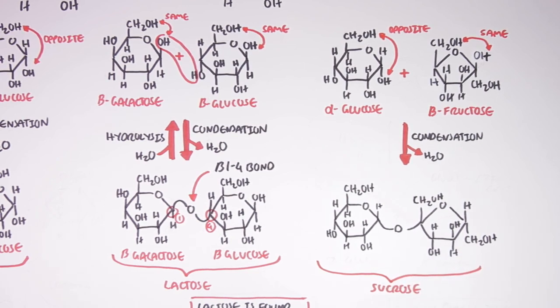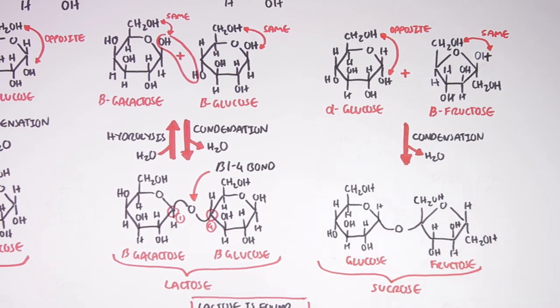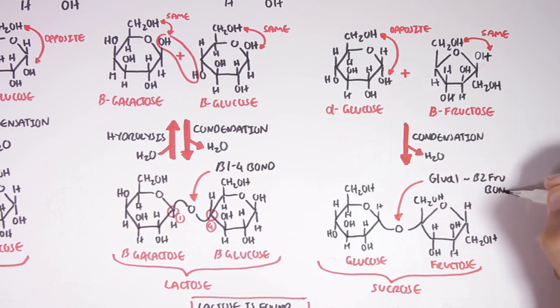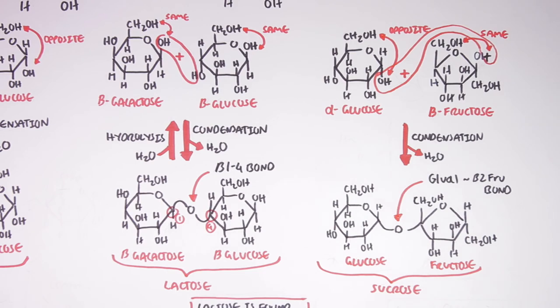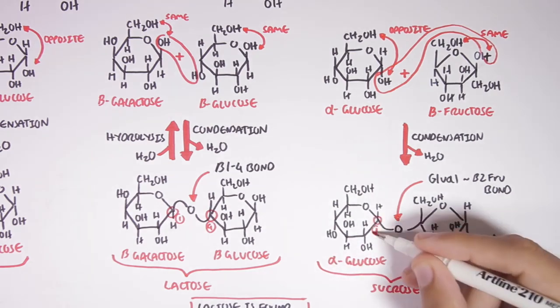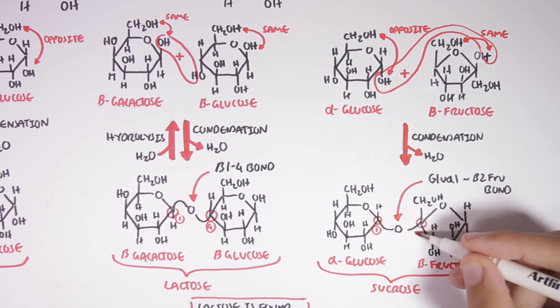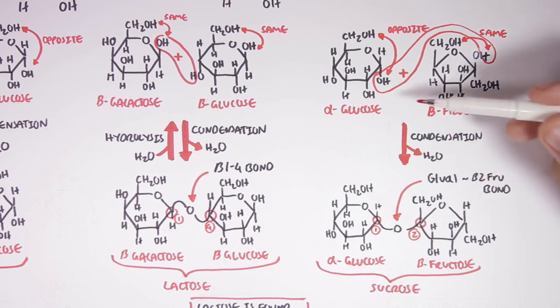Sucrose is made up of one glucose and one fructose. The bond between the glucose and fructose is a little more complicated, as it is a glucose alpha-1 and fructose beta-2 bond. This sort of linking occurs. So the glucose is in an alpha configuration and the fructose is in a beta configuration. And it's carbon number 1 of glucose and carbon number 2 of fructose that are involved in the linking process.